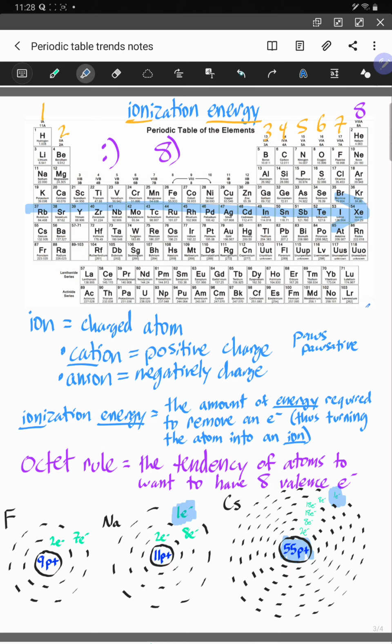So which is going to have a stronger attraction? The outermost electron in cesium to its nucleus, or the outermost electron of sodium to its nucleus?